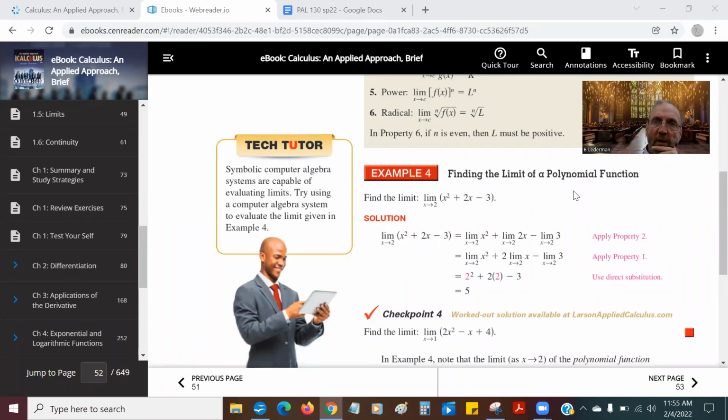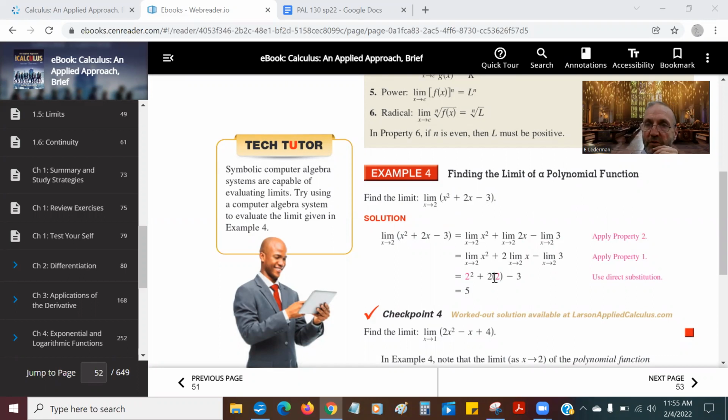Now, when you find the limit of a polynomial function, you could just plug in the 2 into the polynomial. X is approaching 2, so this becomes 2 squared plus 2 times 2 minus 3.